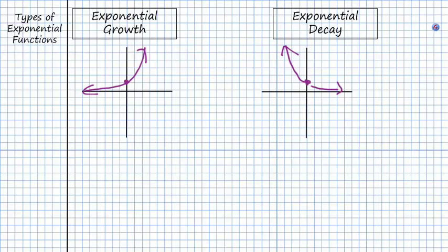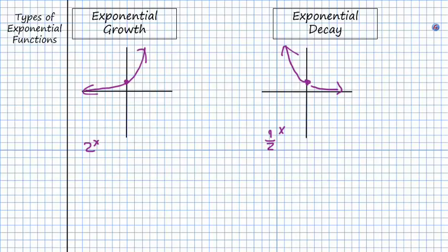So let's say that I have 2 to the x as my function, and over here I have 1/2 to the x. So I'm choosing these because they're kind of related, right? We have 2 and we have 1/2. And what we'll see is that they have similar shapes, but they go in different directions, right? We can talk about increasing and decreasing. A growth function is going to increase in the positive direction. A decay function is going to increase in the negative direction.